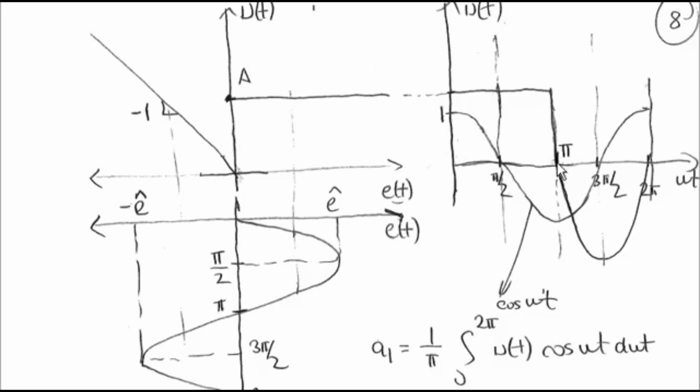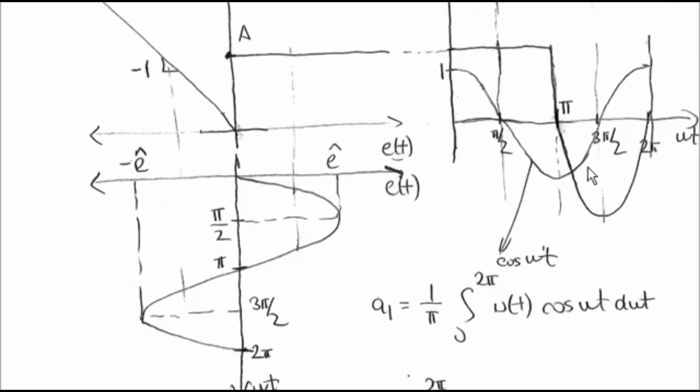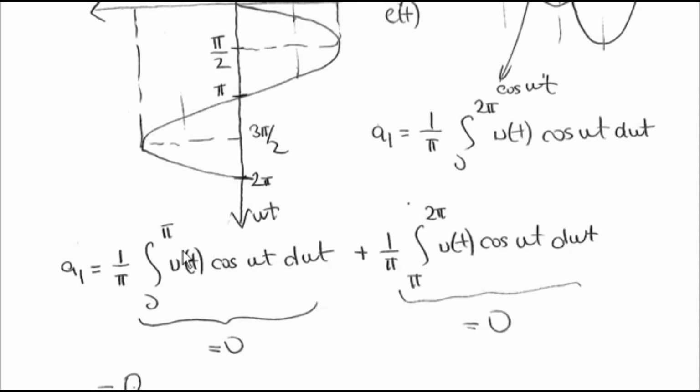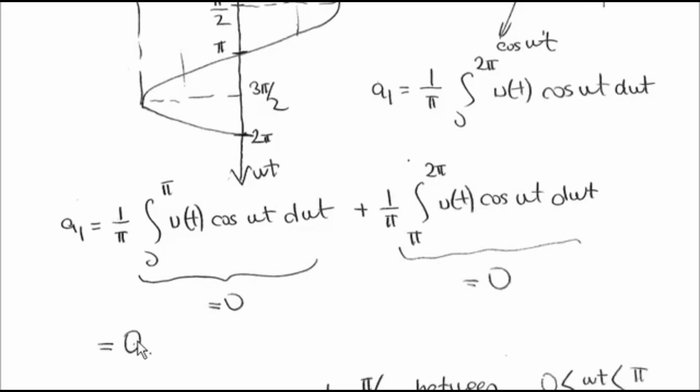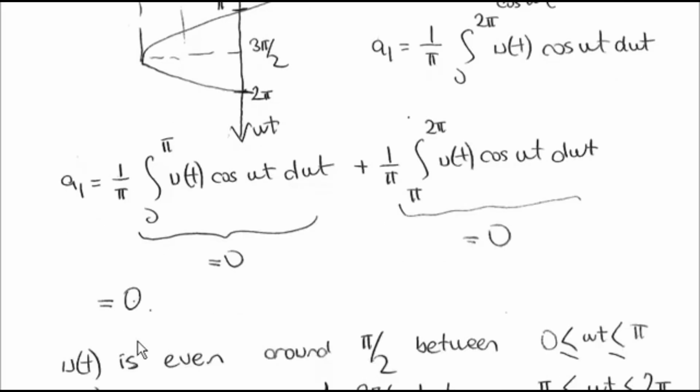And similarly, from pi to 2 pi, the integral will be equal to 0, because the multiplication will be anti-symmetric with respect to pi over 2 and 3 pi over 2 here. So this is the result here. I have a1, this integral is always 0 for static nonlinearities, and this integral is always 0 for static nonlinearities. So a1 is equal to 0 for static nonlinearities.